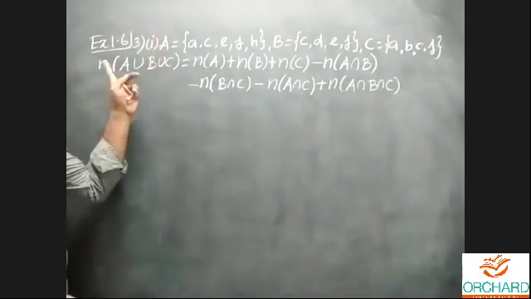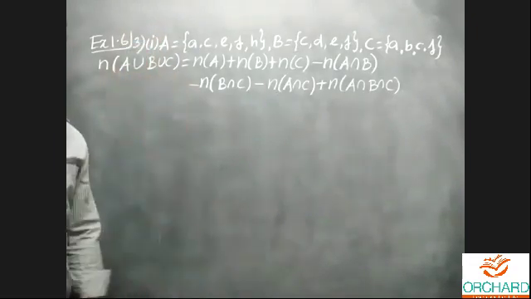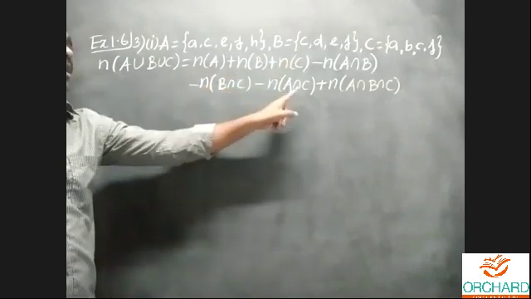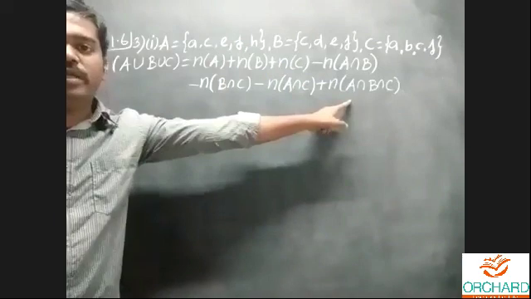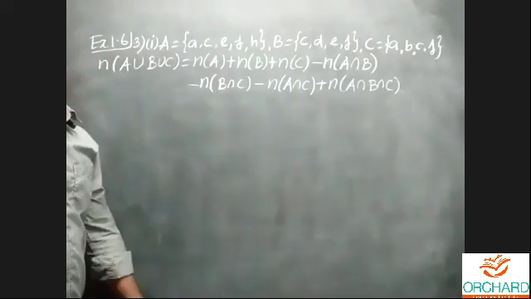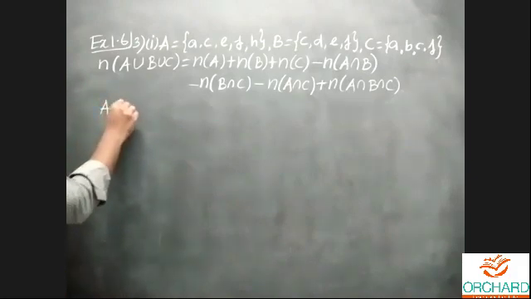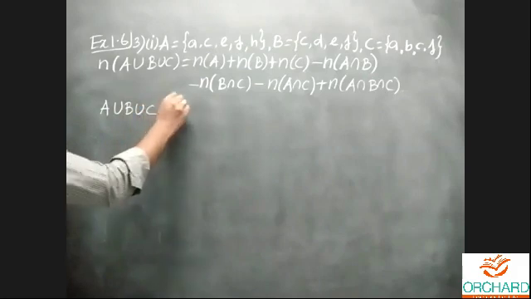First, identify A union B union C. Then you can identify A intersection B, B intersection C, A intersection C, and A intersection B intersection C. Next, you can identify the cardinal numbers, and then verify whether LHS and RHS are equal. First I'll identify A union B union C, the union of the three sets.